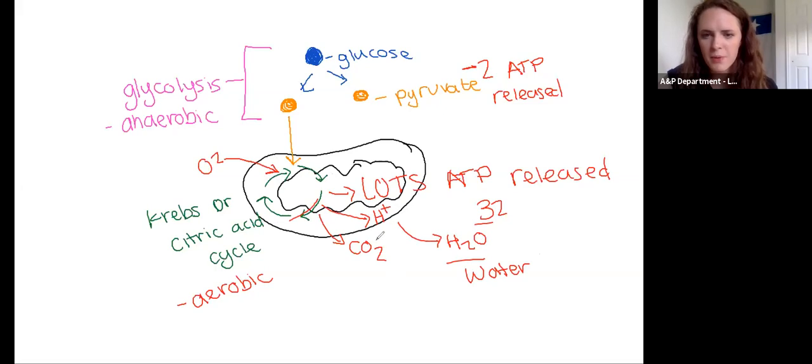And then you have a byproduct of carbon dioxide and water. Okay, so one pyruvate makes a lot of ATP, water, and carbon dioxide. Watch videos on this. If you get to things about the electron transport chain, that's just more steps. Don't listen to that. You don't need to know that. This is just simplified into what you do need to know.